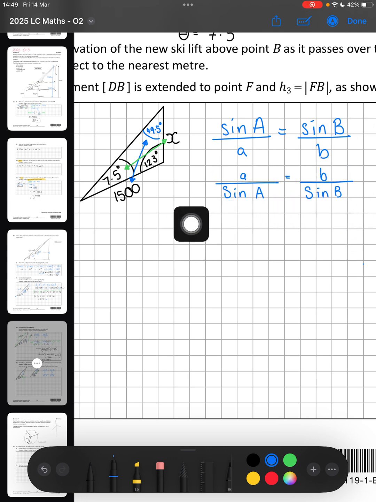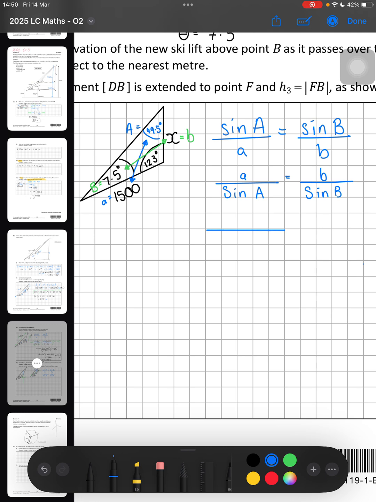I already have some written in blue, so I'll call them angle A and side small a, and then the other ones angle B and side small b. Fill those in.